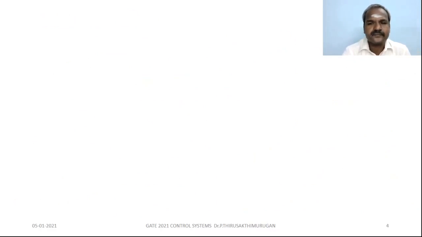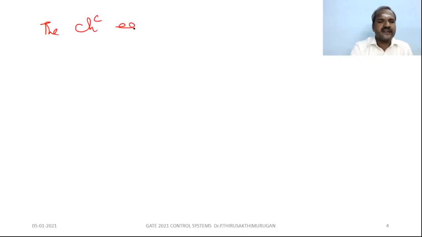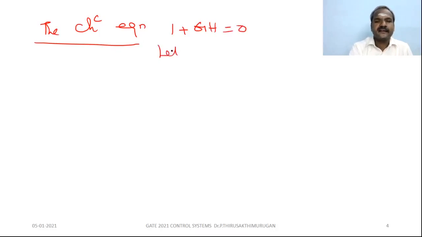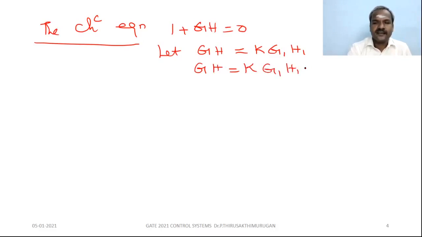Say in the characteristic equation, 1 plus G(s)H(s) equal to 0, let G(s)H(s) equal K into G1(s)H1(s). So K G1(s)H1(s) equals -1.